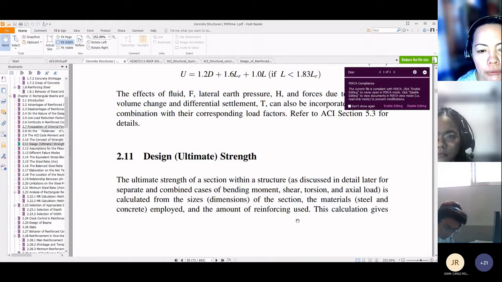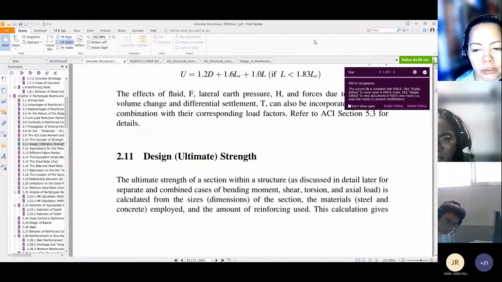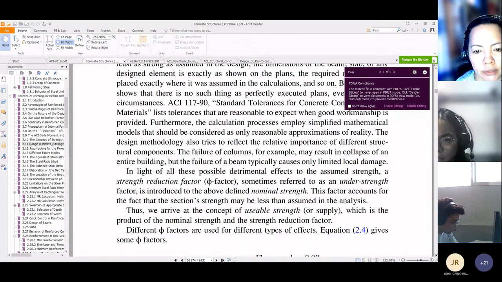That is why you would notice in our previous discussion, particularly in the design for beam, I have given you one problem concerning the design for reinforced concrete beam, wherein we determine first the moment, and then we analyze the dimension of the section, and then from there you determine how much reinforcing bar we need to provide in the section.